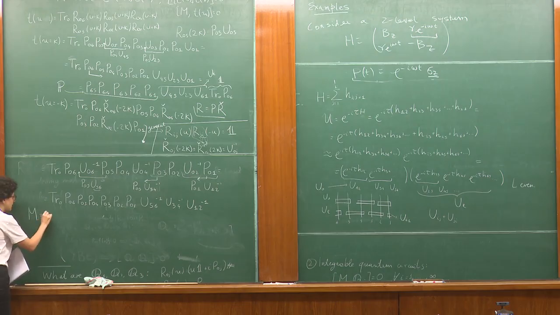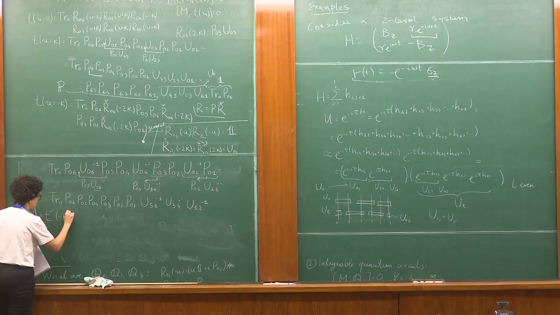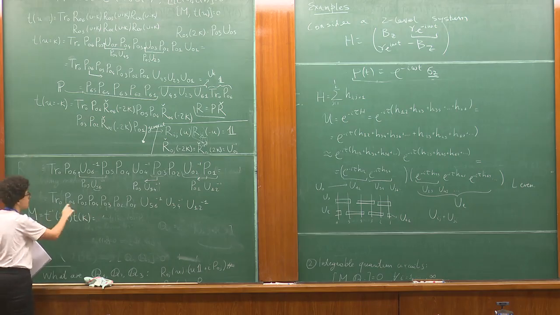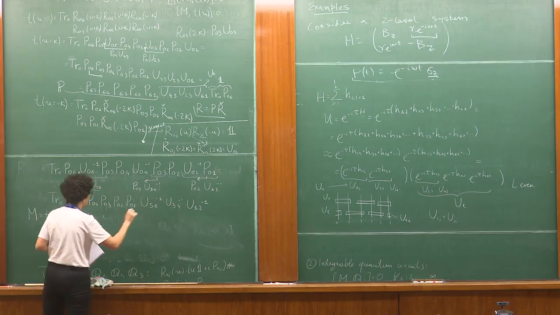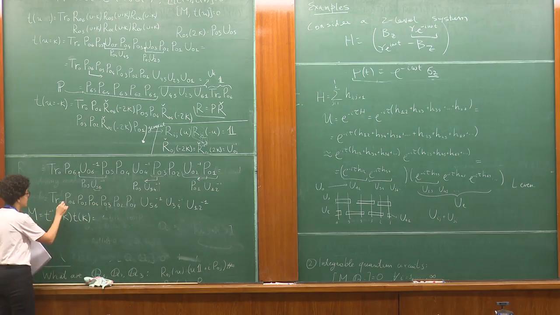I said that M is T to the minus 1 of minus kappa times T of kappa. So T to the minus 1 of minus kappa is the inverse of this one. I have to do a little extra step.